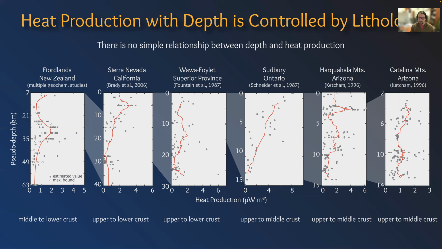So that common exponential decrease of heat production with depth that you'll often see people use for geotherms isn't necessarily a good description for most regions. It may work for some regions like the Sierra Nevada, where there appears to be a reasonable, relatively exponential decrease in heat production at depth.